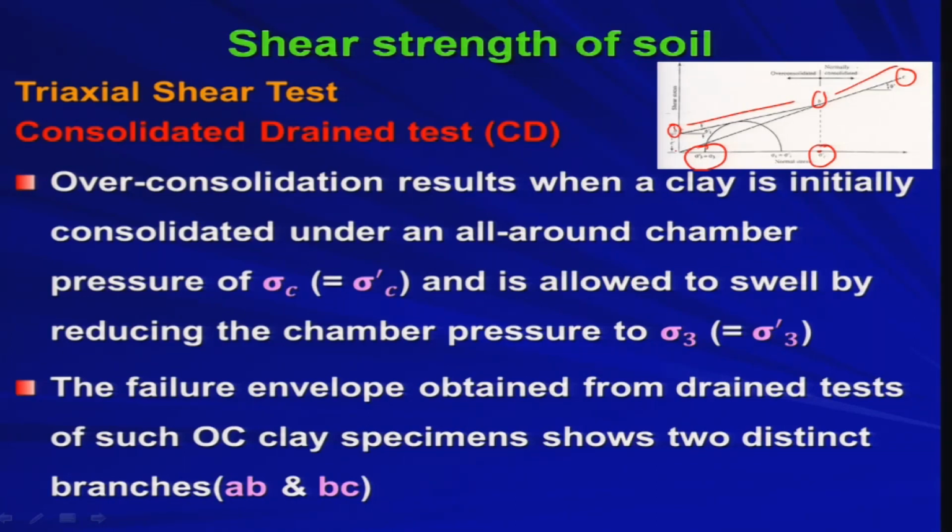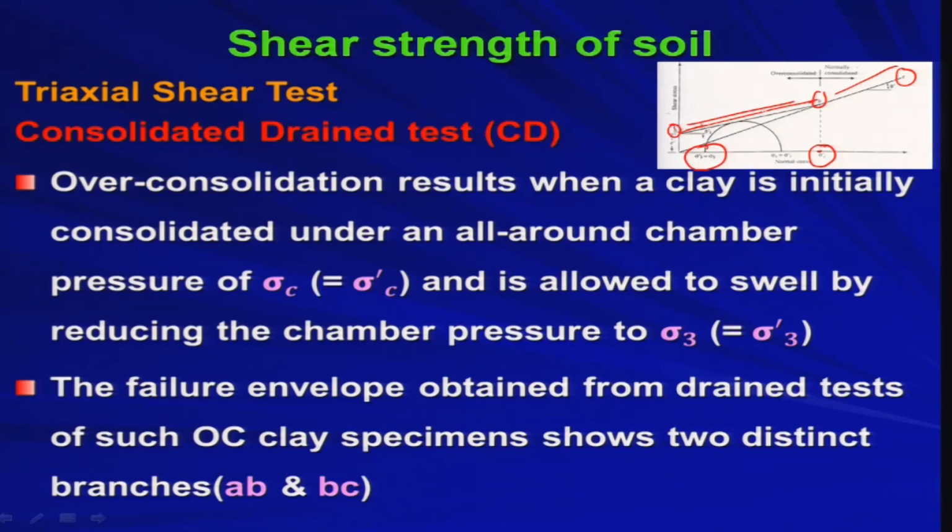So basically the soil will fail. This is your failure envelope, Mohr failure envelope. So A B will be nothing but your failure envelope. That failure envelope will be because of your over consolidated soil.